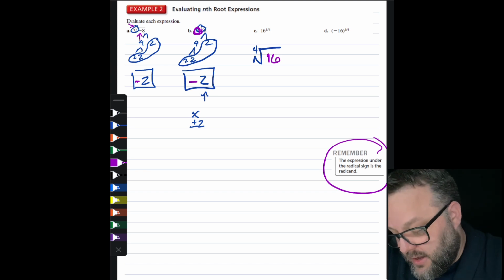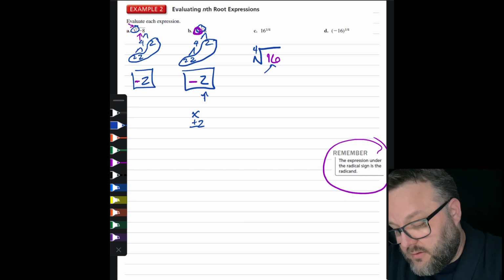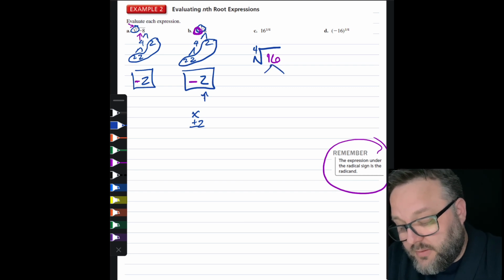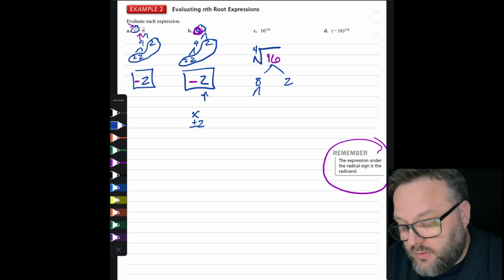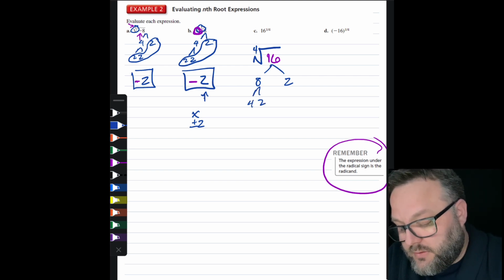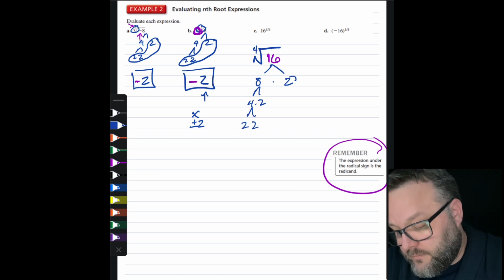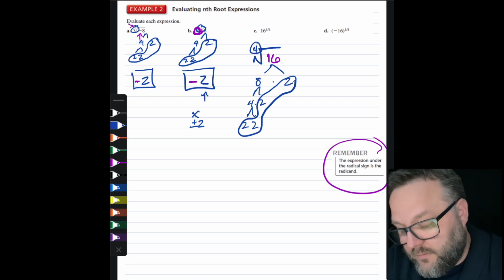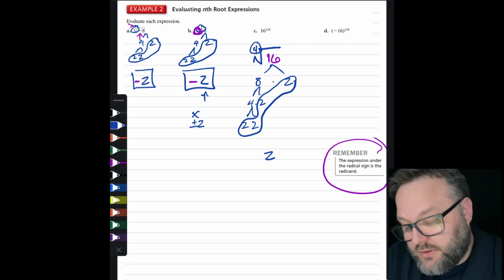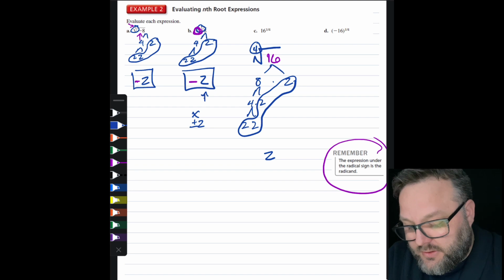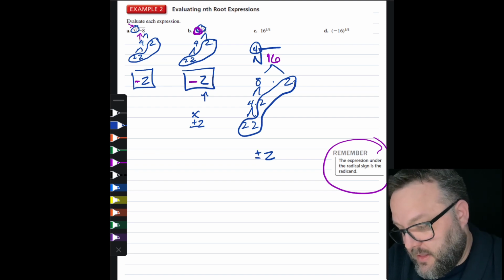If you go back and look at the previous video, example 1, we know this is 8 and 2, and the answer is going to be 2. But here's my proof or my work. I have 4 2s and I needed 4 of them, so my answer is 2. But my answer is actually plus or minus 2.